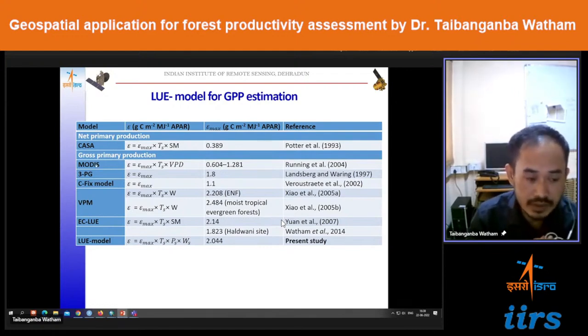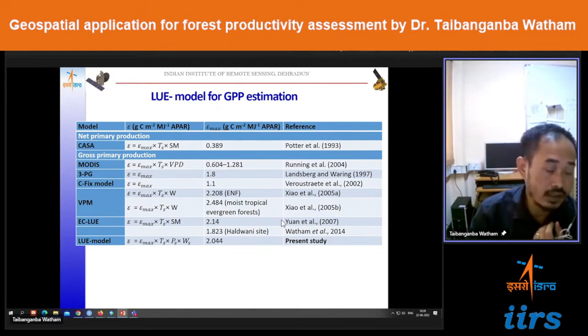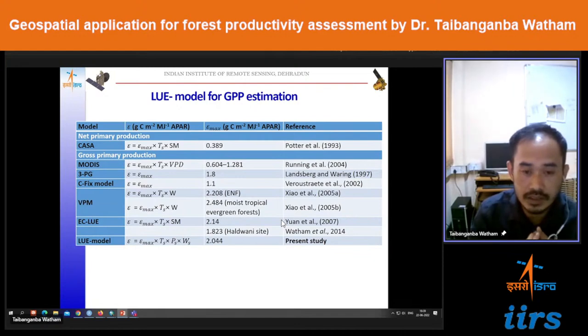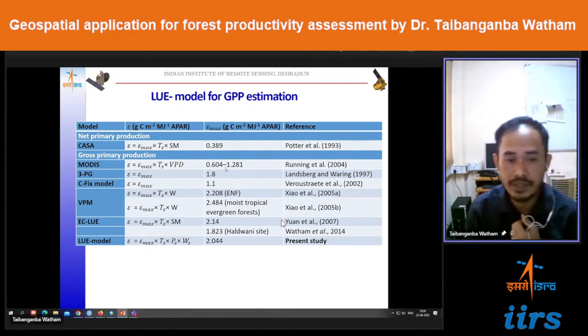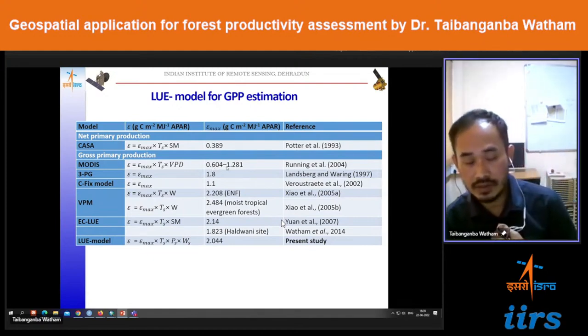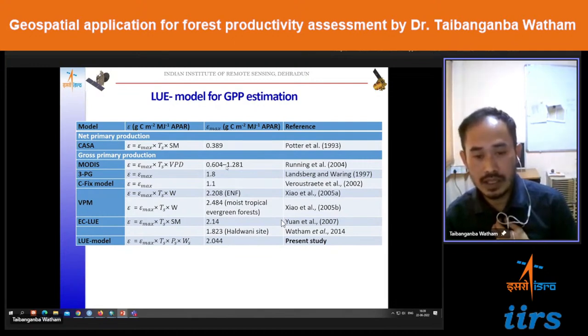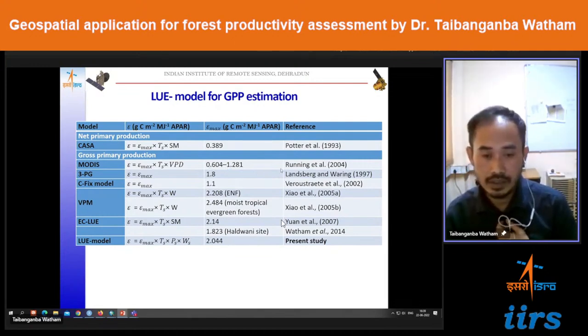In the MODIS PFT, you have your needle leaf, then you have your broadleaf, and again it is further divided into deciduous and evergreen. Then you have your mixed forest also. So for those 5, a different Emax value has been estimated or parameterized for a particular PFT.